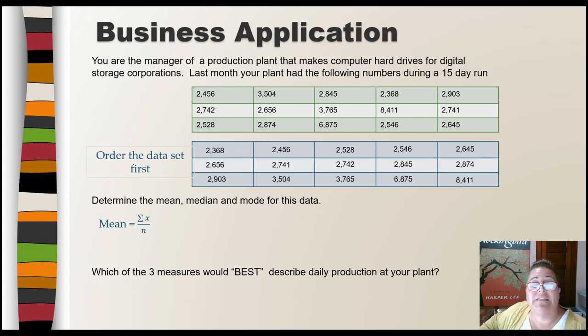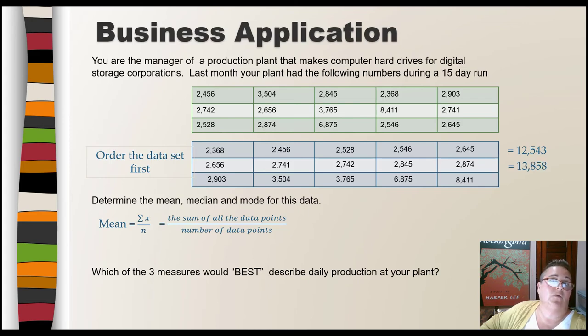Now, when you have a data set like this, your calculator is going to run out of room. I have found most frequently that it's helpful to just go ahead and add up the first row. If I add up that first row, I get 12,543. And then I'll add up the second row and the third row.